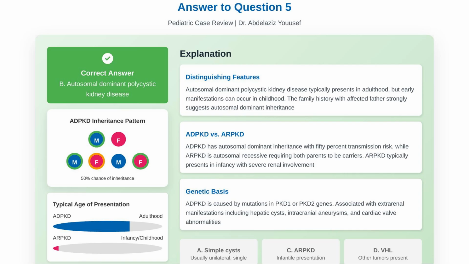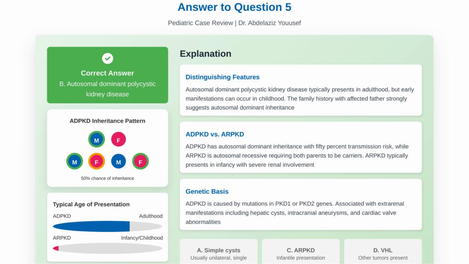ADPKD typically presents in adulthood but can manifest in childhood with bilateral renal cysts. The family history with an affected father strongly suggests autosomal dominant inheritance with a 50% transmission risk. In contrast, autosomal recessive polycystic kidney disease typically presents in infancy with severe renal involvement and requires both parents to be carriers.